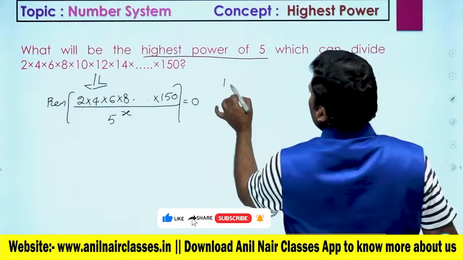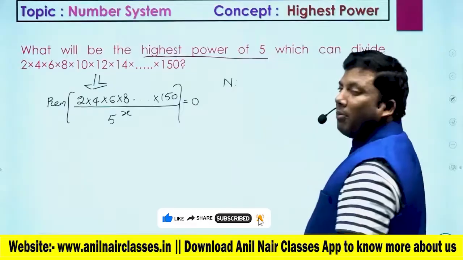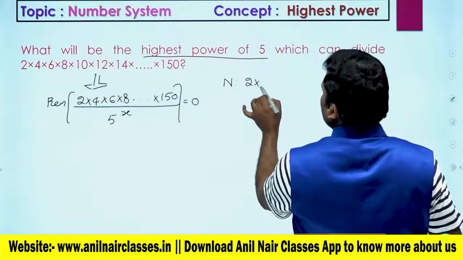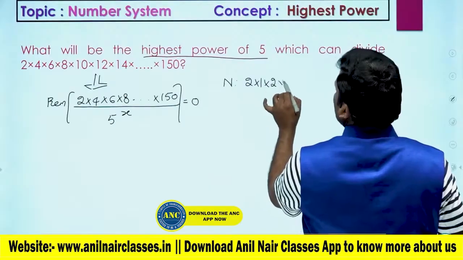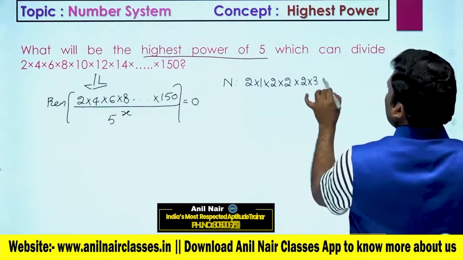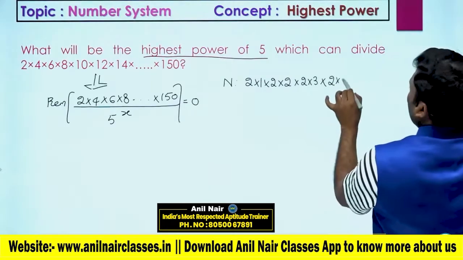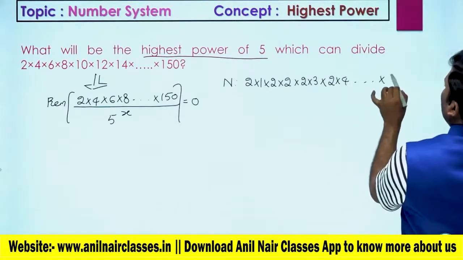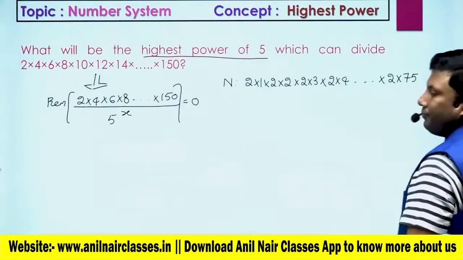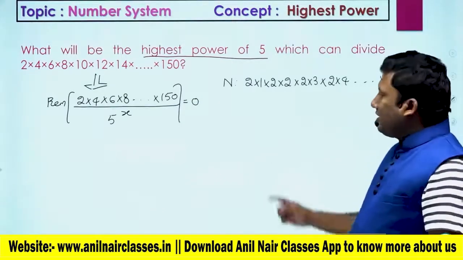First think. Here is where students might make a mistake. 2 can be written as 2 1s are 2. 4 can be written as 2 2s are 4. 6 can be written as 2 3s are 6. 8 can be written as 2 4s are 8. 150 can be written as 2 75s are 150.